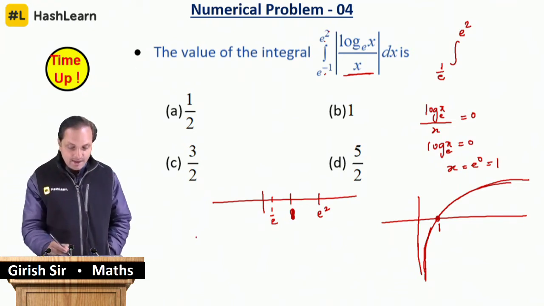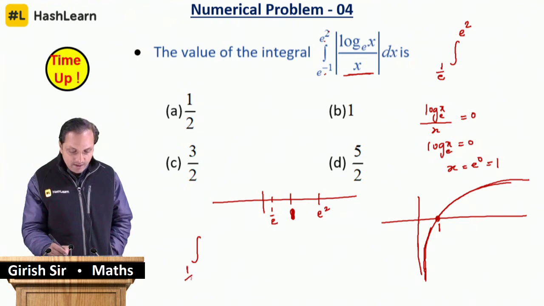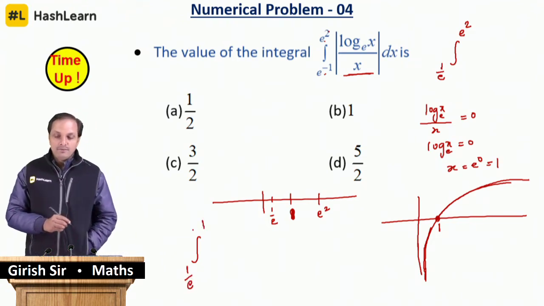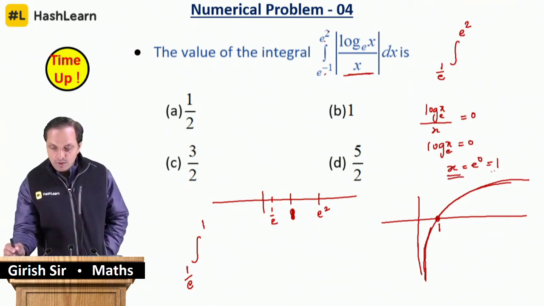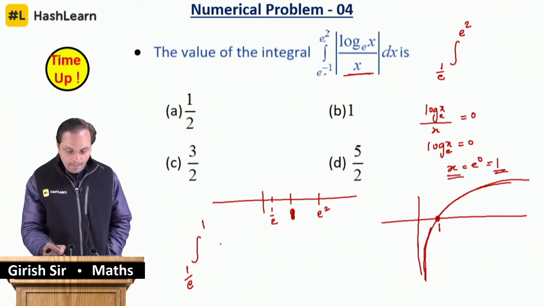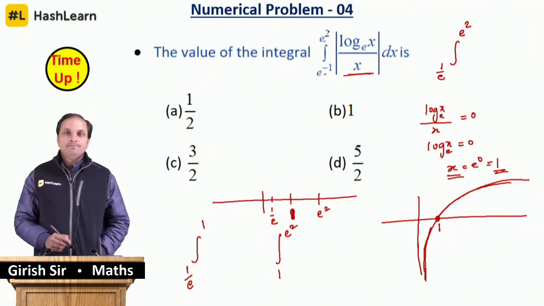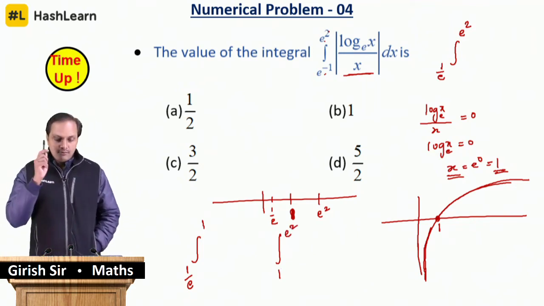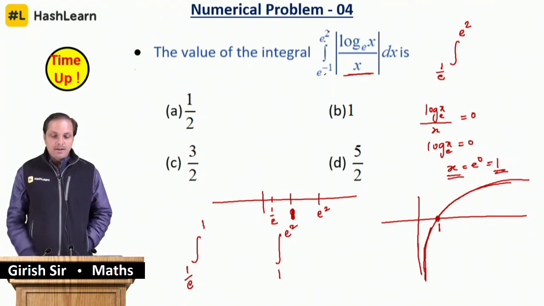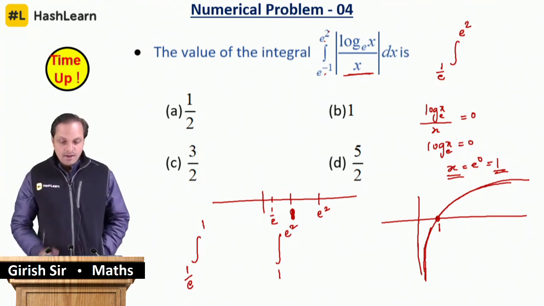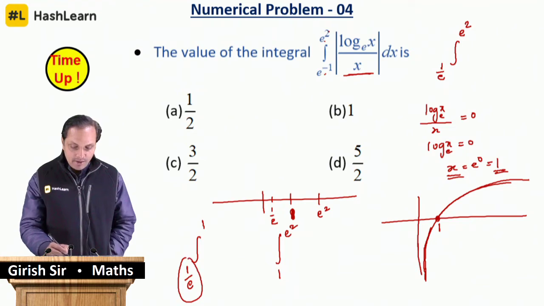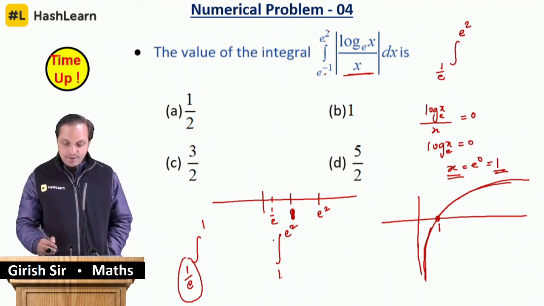So you need to split the given interval as 1 by e to 1, which is x equal to 1, and 1 to e square as the second part. The most important part of this problem is to split the interval into 1 by e to 1 and 1 to e square.